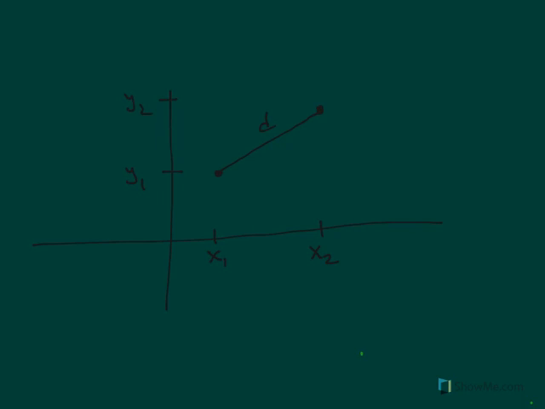And basically the distance formula is just the Pythagorean theorem on the coordinate plane. So if we turn this into a right triangle, and we know that we have side a and side b, the Pythagorean theorem would say that a squared plus b squared must equal c squared. Or in this case, d squared, that's our hypotenuse, so the distance between those 2 points.